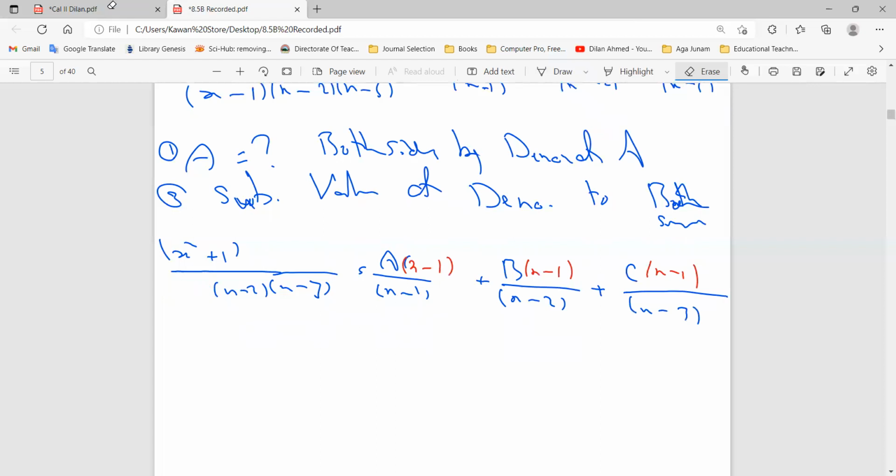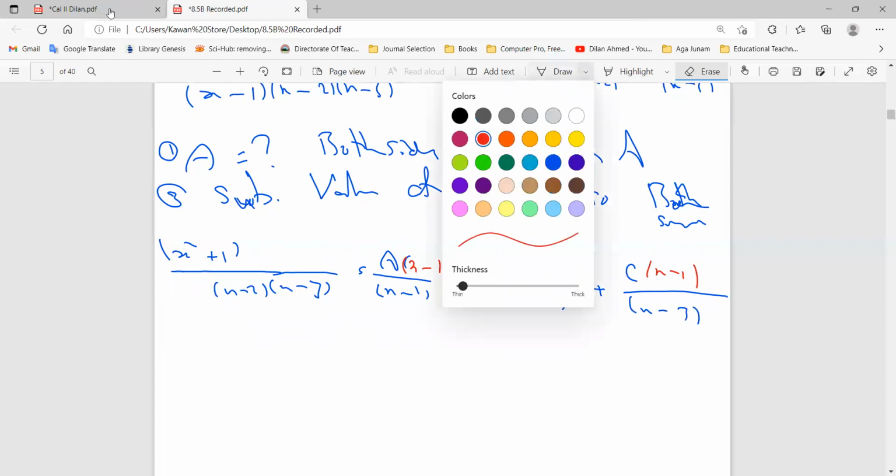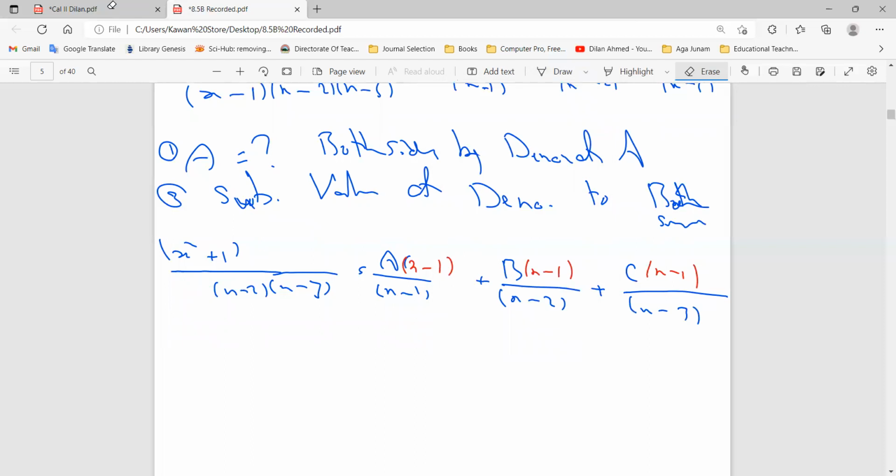Now, the second step is what? Substitute the value of the denominator of A. We say x minus 1 equals 0, so x is equal to 1.